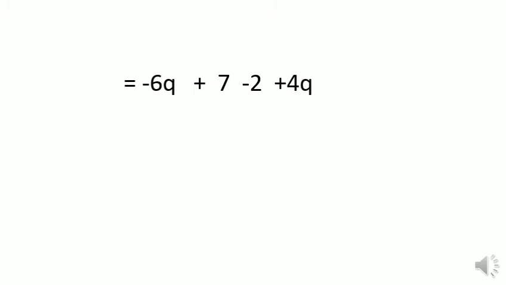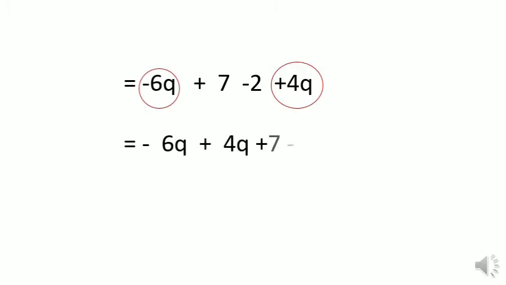We will separate the variables, which are minus 6q and plus 4q. First step, write the same variables together, then write the constant numbers together. If we had a different variable, like r, we would write it after this q. So as we know the rule, plus minus is minus.